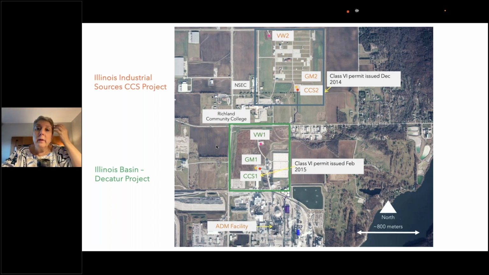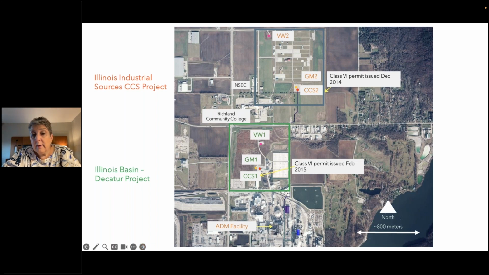There are two projects here. Collectively, these two projects have stored about 3.5 million tons of carbon dioxide, and CCS1 and CCS2 are the injection wells, and they're about a mile apart at Decatur.